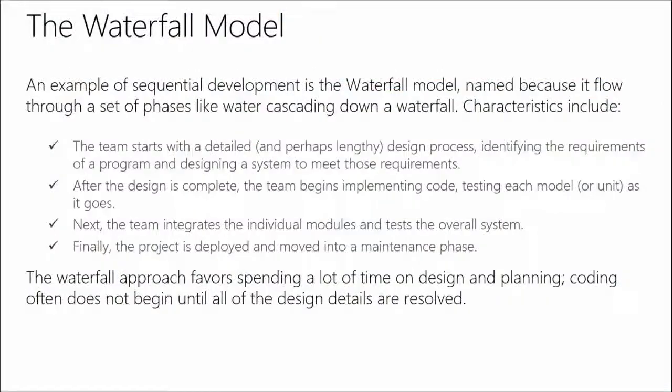So we talked about the waterfall model, which is an example of sequential development. Some of the characteristics, as we mentioned before, are a lot of planning required up front, teams heavily involved in a number of meetings throughout the process, and gating factors for the phases. The team itself integrates the different modules and tests the overall environment.